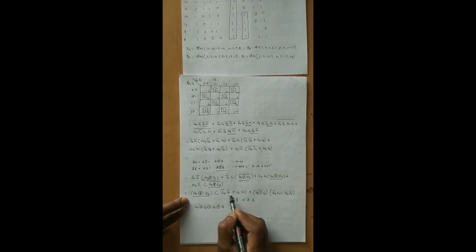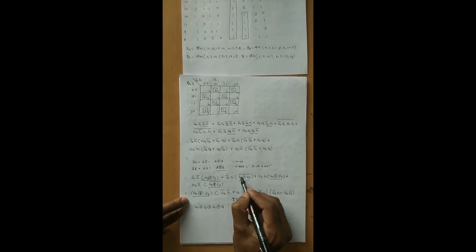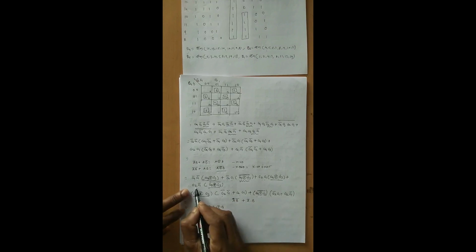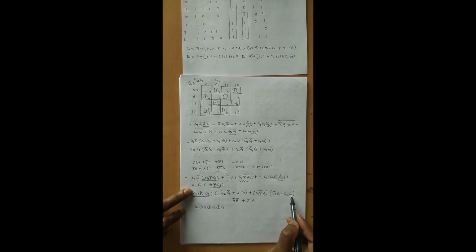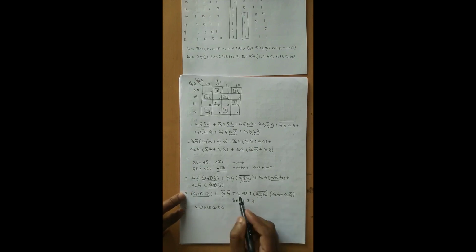Z2 complement Z1 complement plus Z2 into Z1, plus from this we can bring this as a common term. So Z4 XORing with Z3 and its complement, and remaining is Z2 complement Z1 plus Z2 Z1 complement, which is nothing but a b bar plus a bar b, which is equivalent to Z4 XORing with Z3, XORing with Z2 and XORing with Z1.